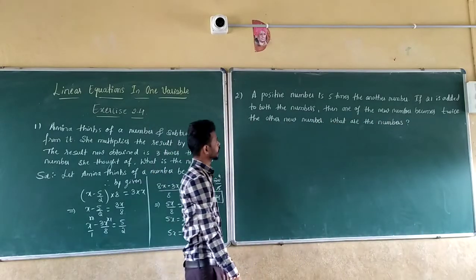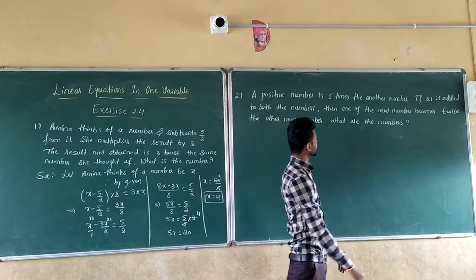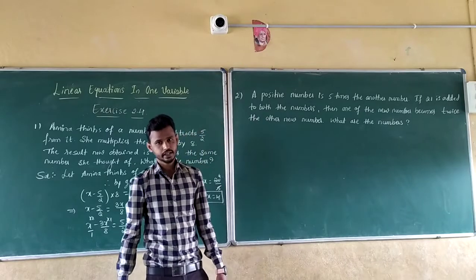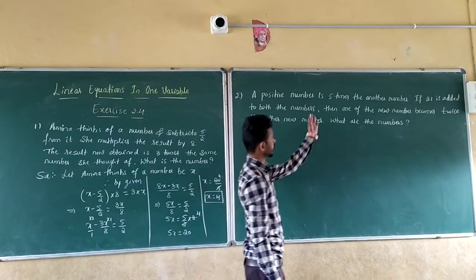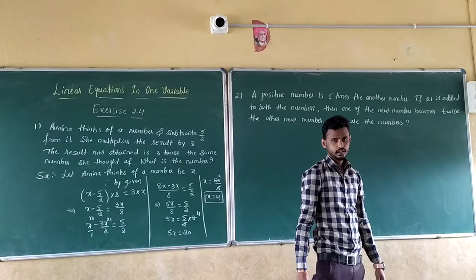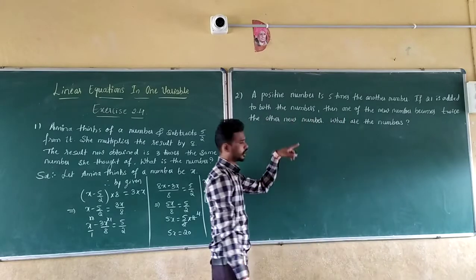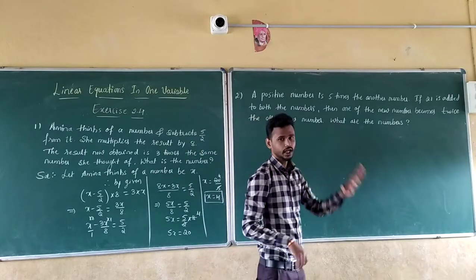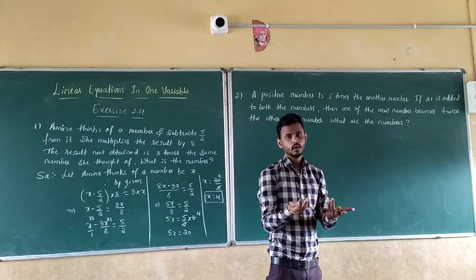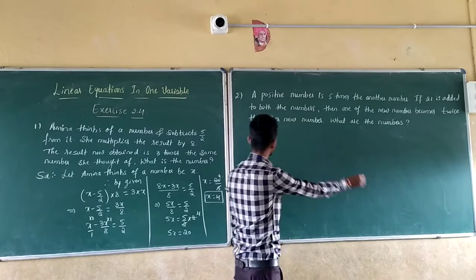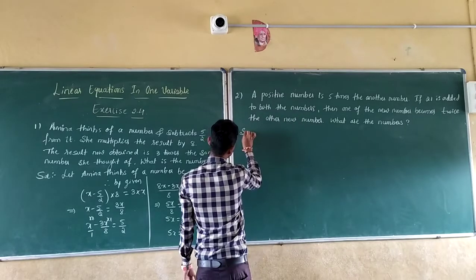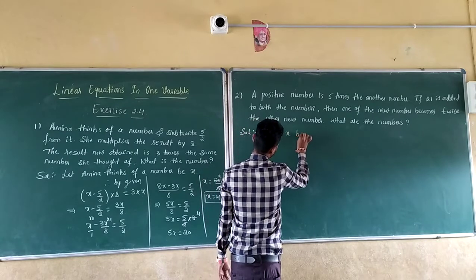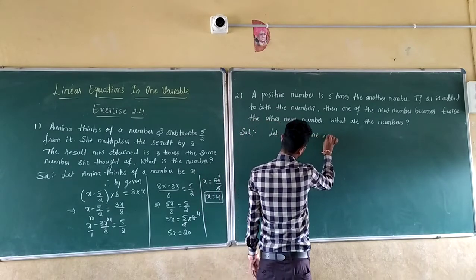So what is given here now? A positive number is 5 times the other number. So we don't know that number. Let us take it as x. Then another number will become 5x. And if you add 21 to both numbers, then one number will become twice the other number. Then find what those numbers are. So let x be one number.